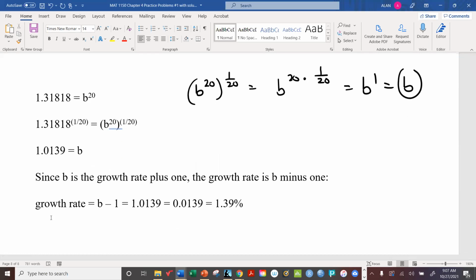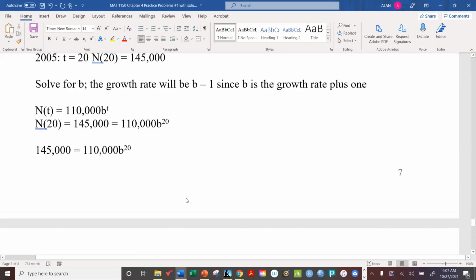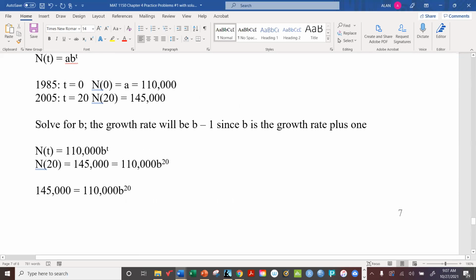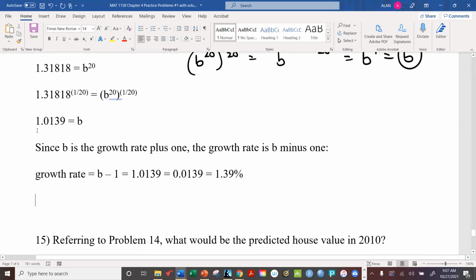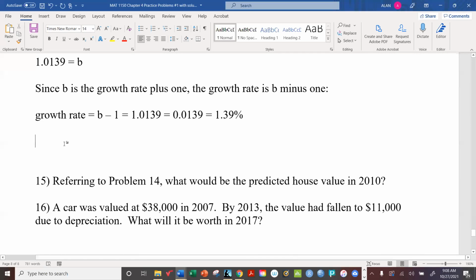All right, so in other words, in order for the house to be worth this much money in 20 years, the growth rate every year must have been 1.39%. Very good.